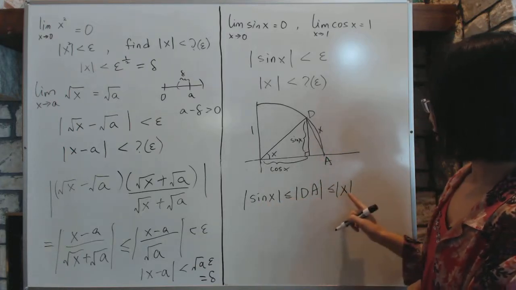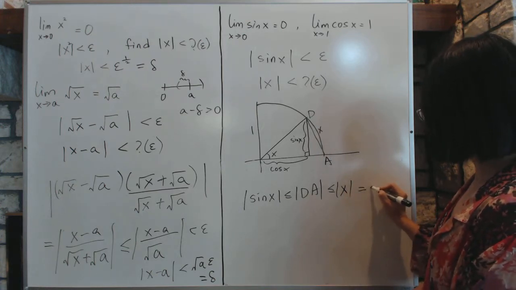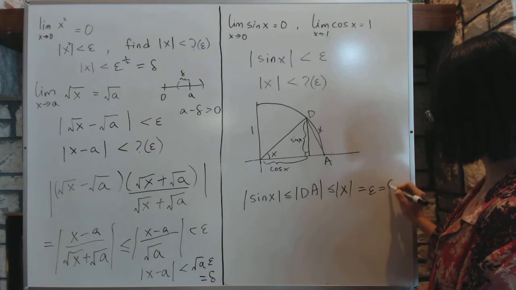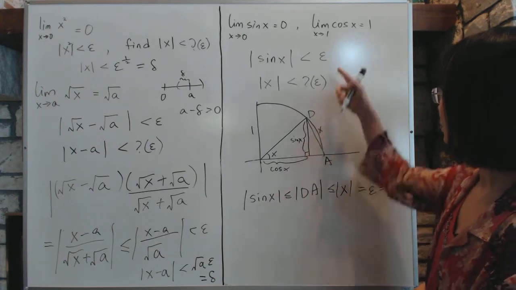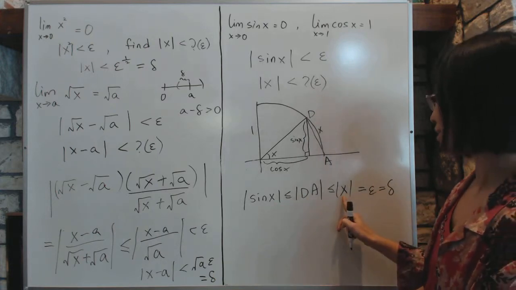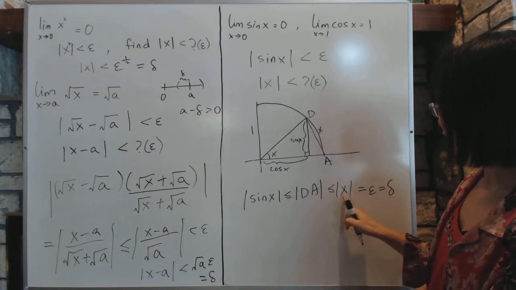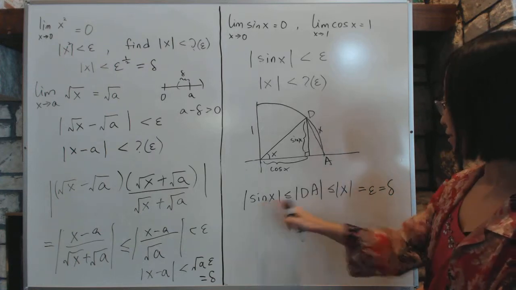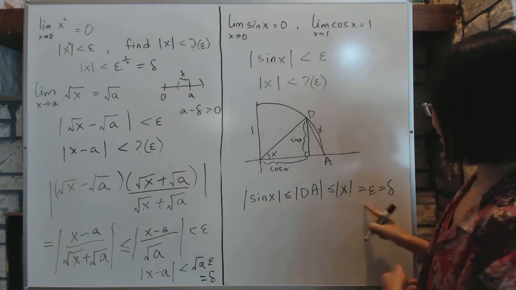So sine x is less than x, so if this is epsilon, we'll set delta as epsilon, because we have sine x, which is less than epsilon, but it also happens to be less than x, which is very nice. So if delta and epsilon are the same, as long as x is less than delta, sine x is less than epsilon, as we have shown in the step.